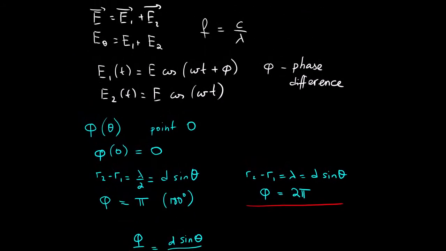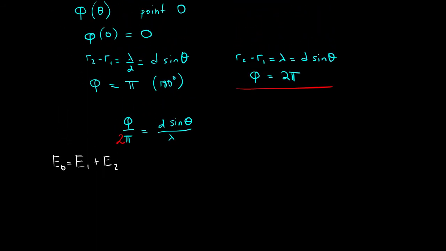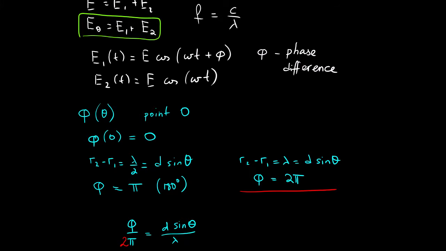Now, if we want to determine our E theta, that equals E1 plus E2, we need to use a phasor diagram. So let's recall E1 had a phase of omega t plus phi. The other, E2, has a phase of omega t, but they both have the same amplitude E. That means our vector has to have the same length E: E1 at the angle omega t plus phi, E2 at the angle omega t.